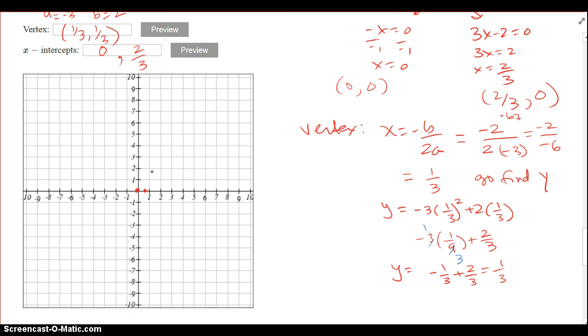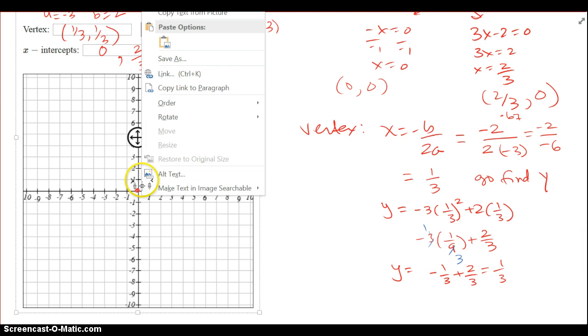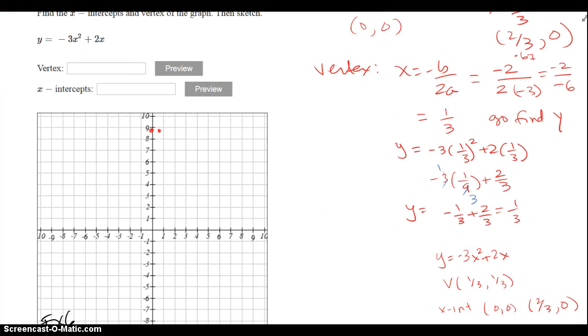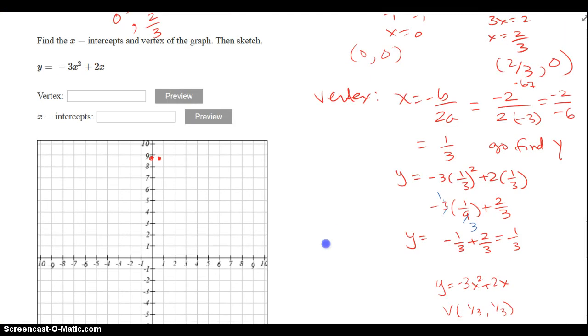Maybe right there is like 2/3, and then 0.333, 0.333 is the vertex, so approximately we're looking at 0.3, comma 0.3. So 0.3 to the right and 0.3 down, there is the vertex, which is really a bad graph to be looking at. So this is very annoying to graph here.